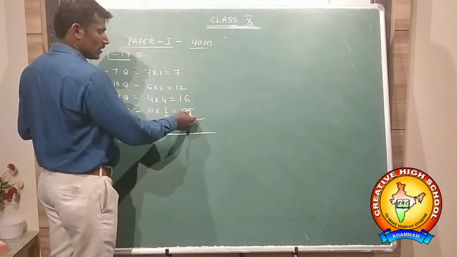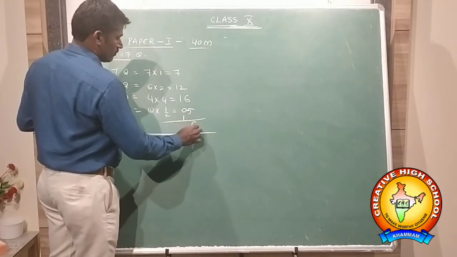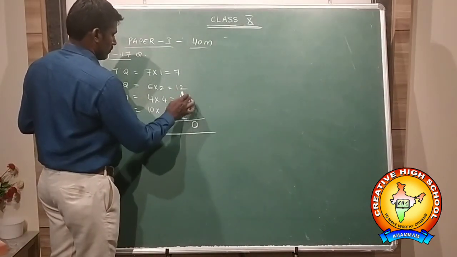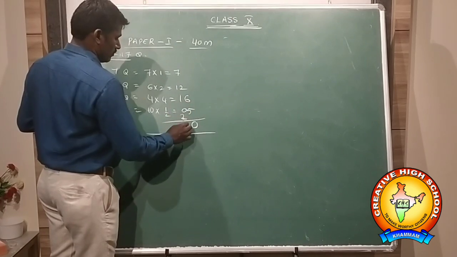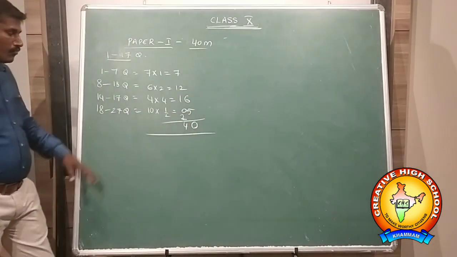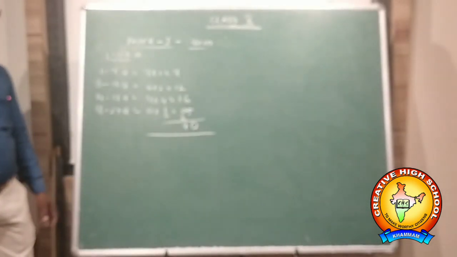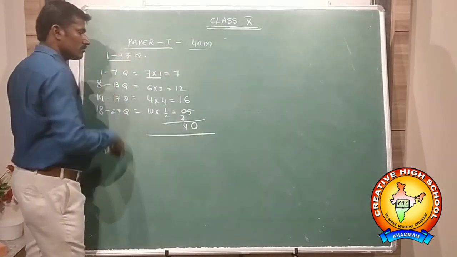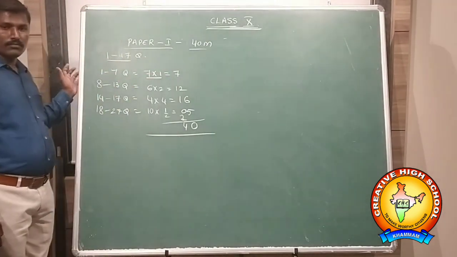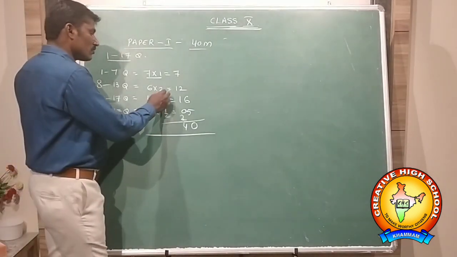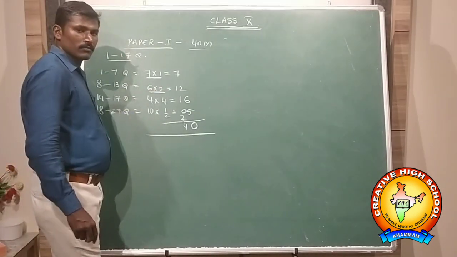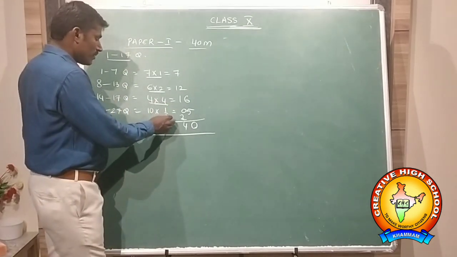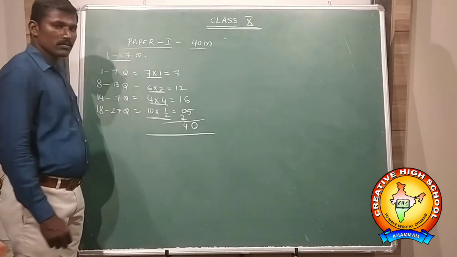Total 40 marks. Here, one word answers, 1 mark questions, 7 questions will come. 2 marks questions, 6. 4 marks questions, 4. Big paper, half marks.